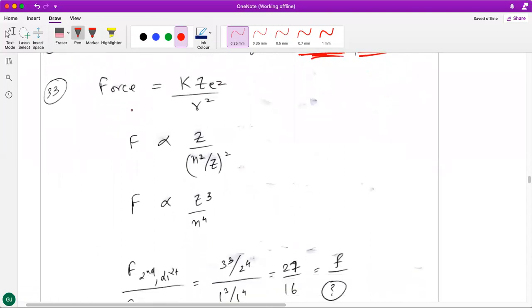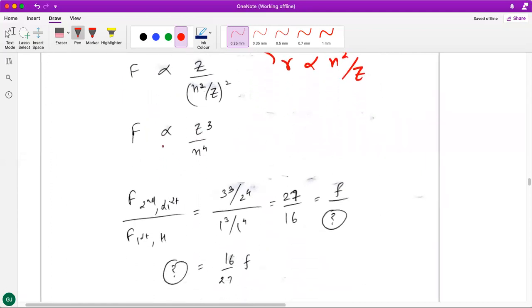33rd question is again something where you have been asked to compare force in a certain single electron case versus force in certain other single electron case. And in order to do that, we need to understand the proportionality. This formula is not something that you have derived by yourself, but I would expect you now to remember it: the force of attraction between the nucleus and the electron is directly proportional to Z by R square, and R is directly proportional to N square by Z. So that is what I have substituted over here and got the proportionality of F in terms of Z and N. Once this is done, it is the same methodology.